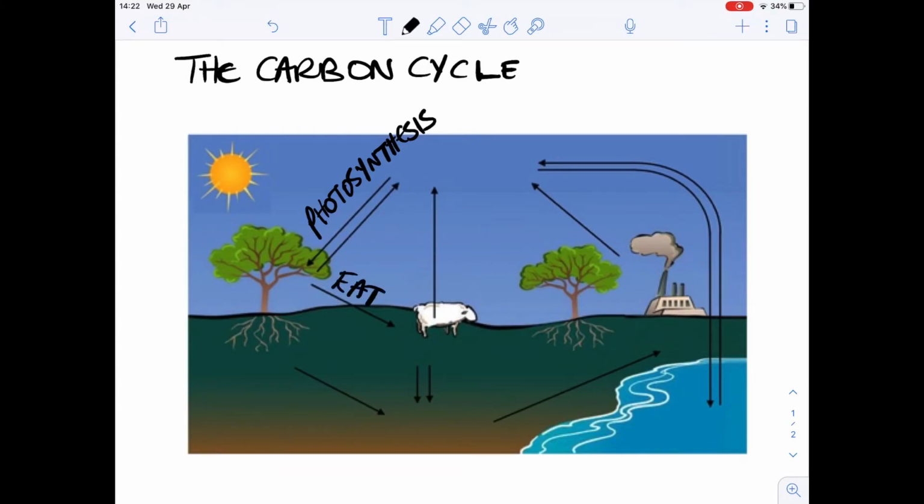Carbon is returned into the atmosphere as carbon dioxide because of the respiration that happens in plant and animal cells. Combustion of fossil fuels is another source of carbon entry into the atmosphere.